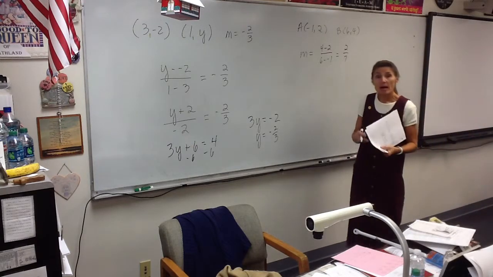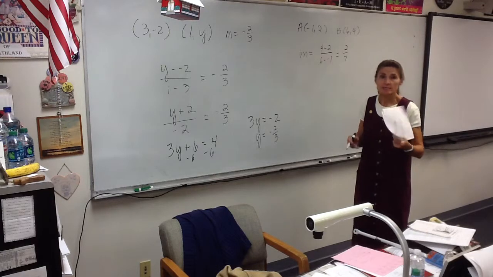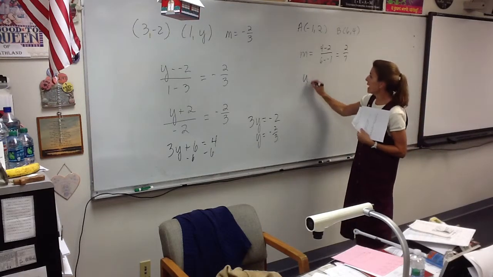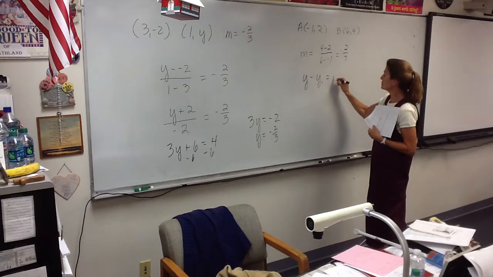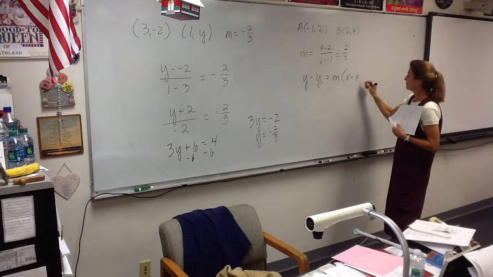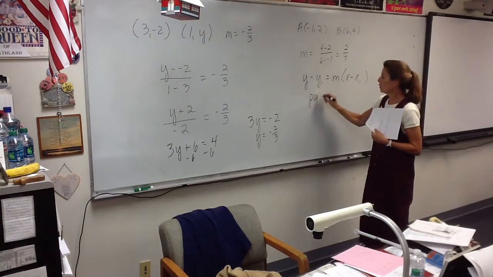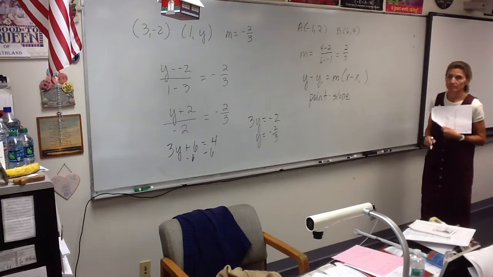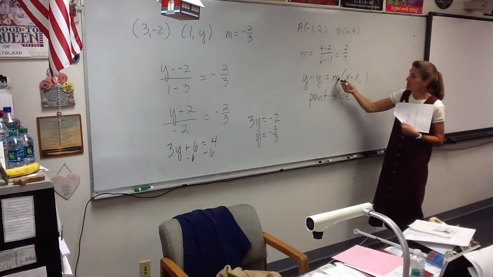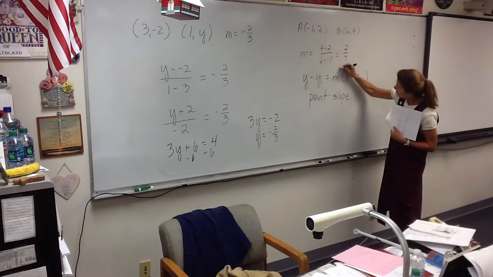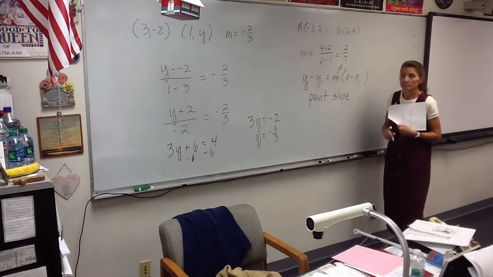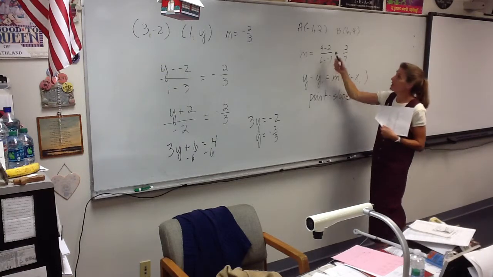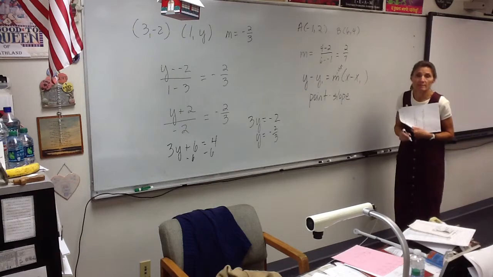Now, if I am using the point slope form, then the format I'm going to use is this. This is called the point slope form, right here. m is slope, and x1 and y1 are one of your 2 points.